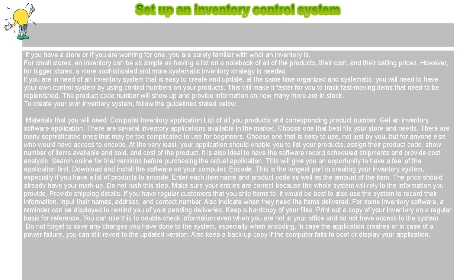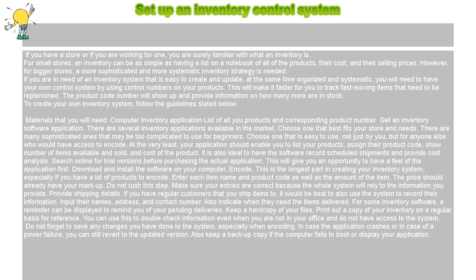This will make it faster for you to track fast-moving items that need to be replenished. The product code number will show up and provide information on how many more are in stock. To create your own inventory system, follow the guidelines stated below.